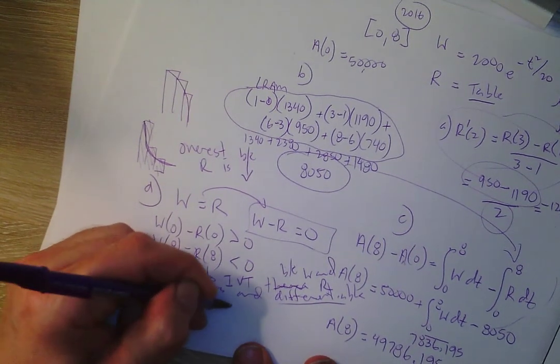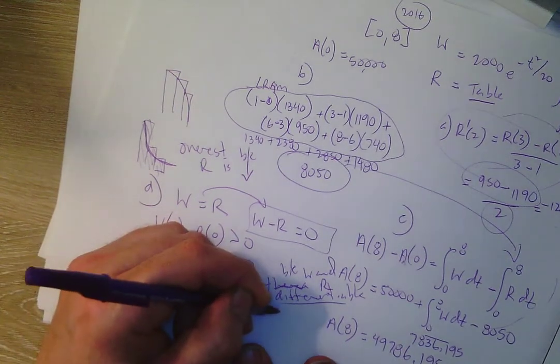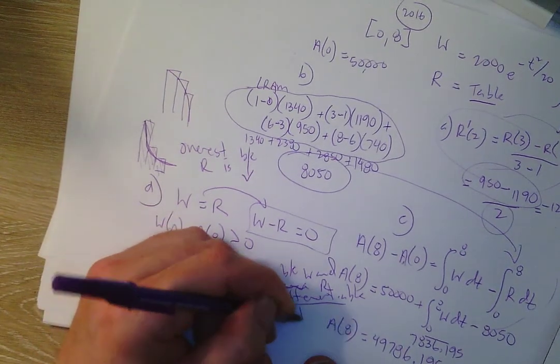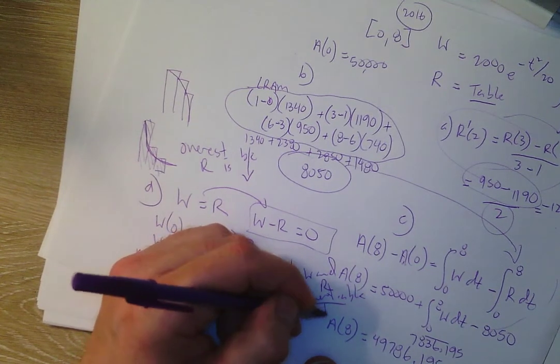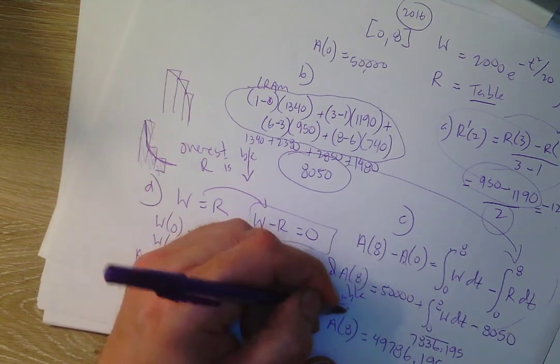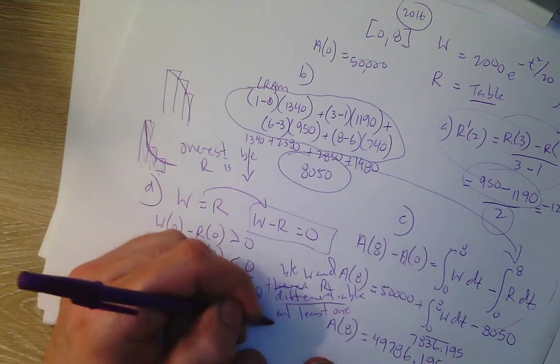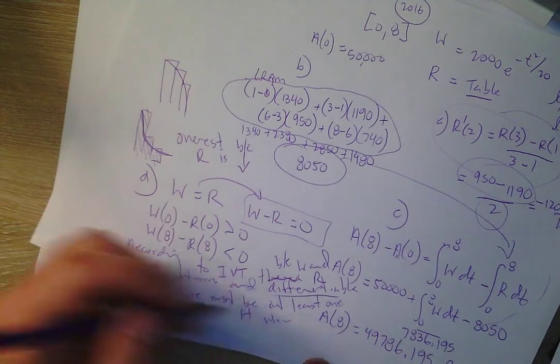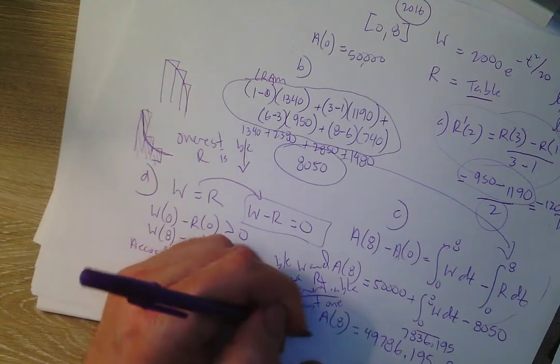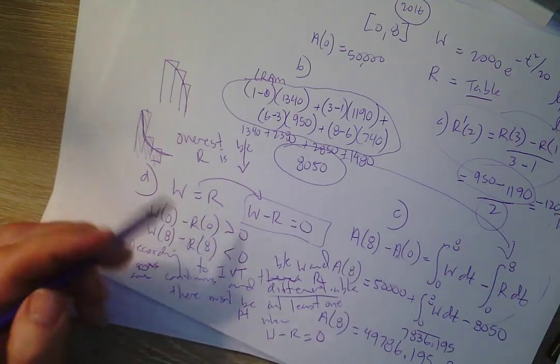There must be at least one point when W minus R equals 0, right?